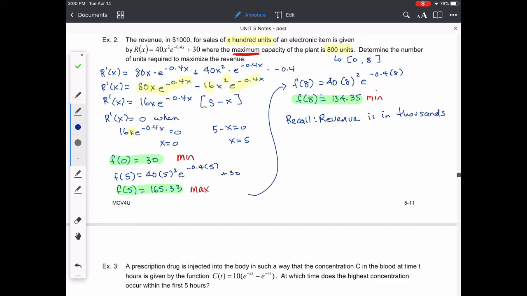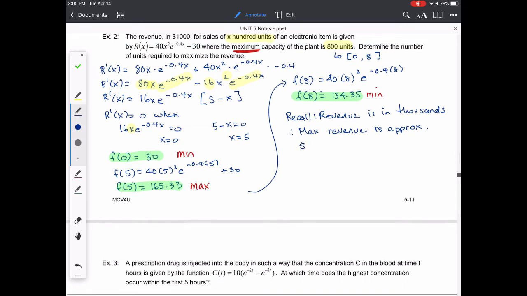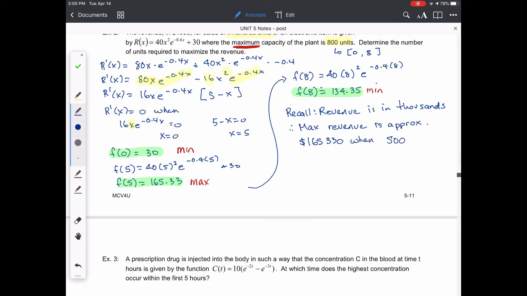So if it's in thousands, we can say therefore the max revenue is approximately, because I didn't carry all the decimal places, approximately $165,330 when, and again, 500 units are sold, because the units are in hundreds.